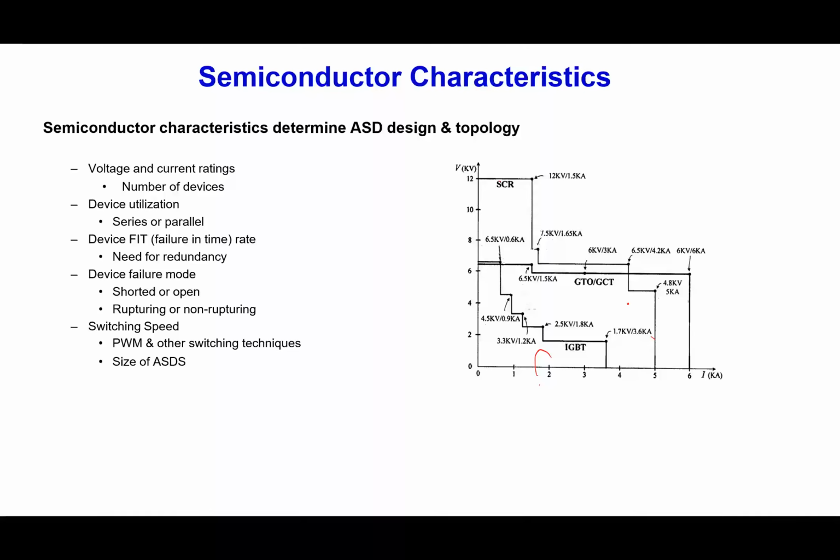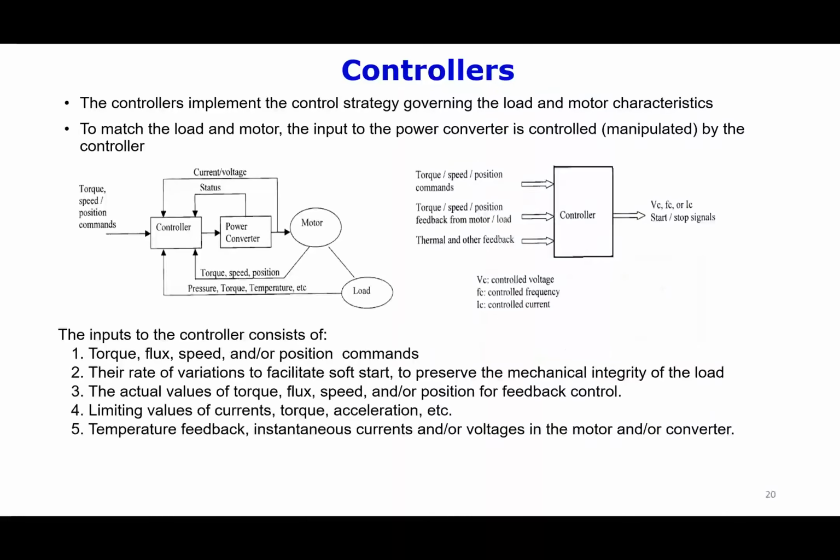Then if the current is of the order of hundreds of amperes, then IGBTs can be used. The controllers implement the control strategy governing the load and motor characteristics. So why do we need a controller?